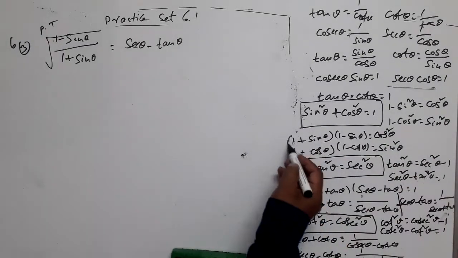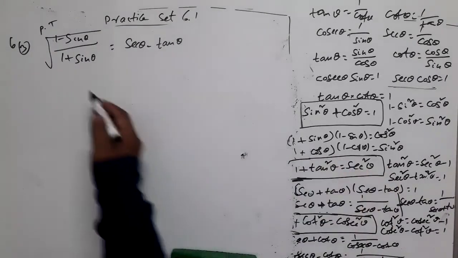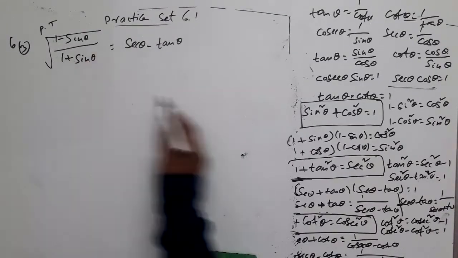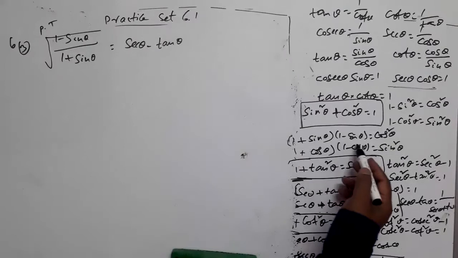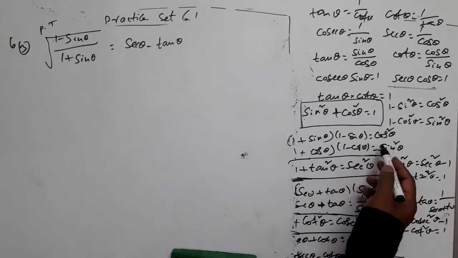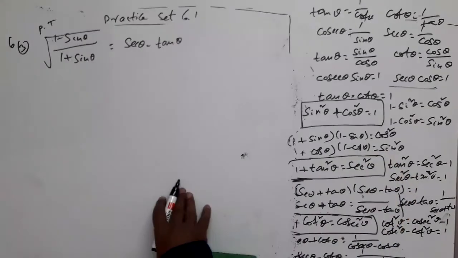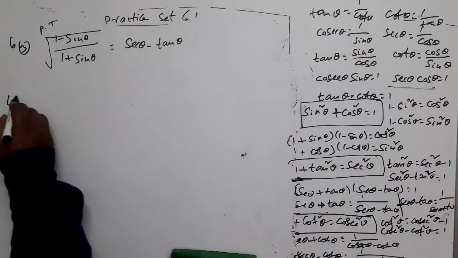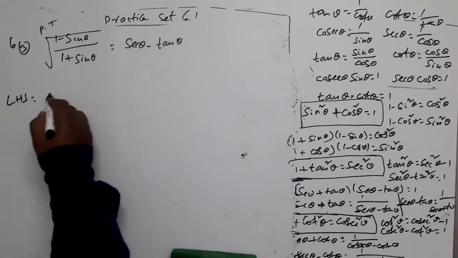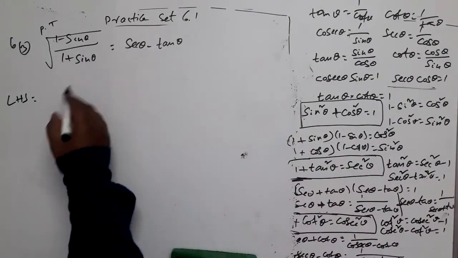If you have 1 plus sine theta multiplied by 1 minus sine theta, that can be replaced by cos square theta. That's what we have got, right? We can have that, right? So for that, I am starting at LHS. I have got that idea. I am starting at LHS.